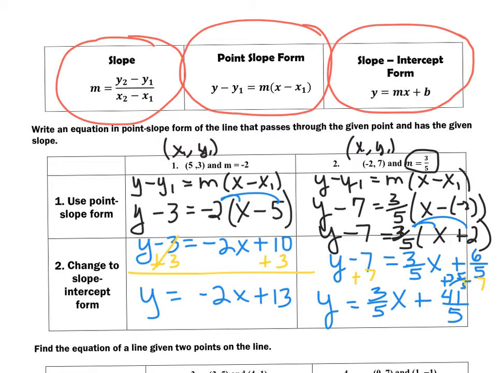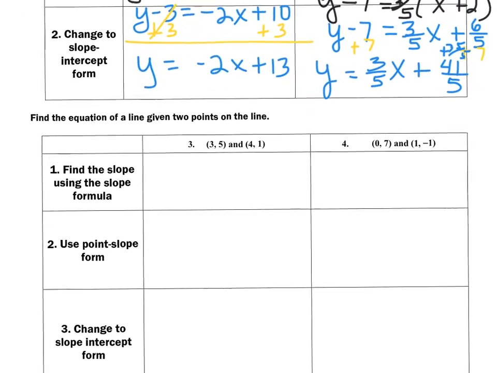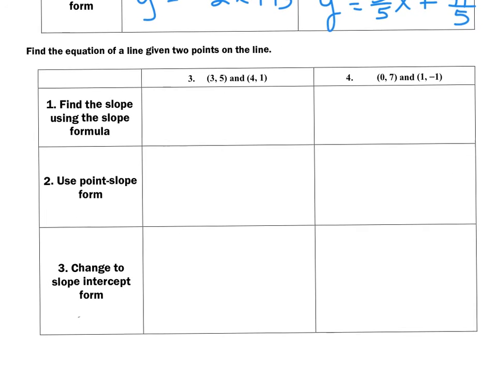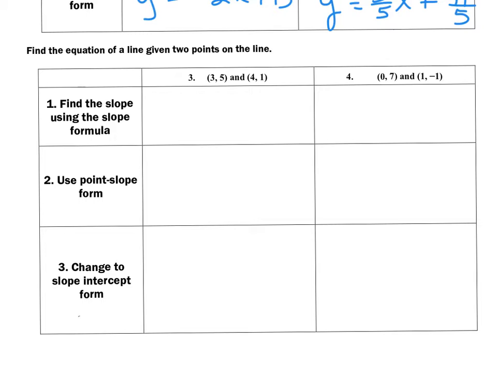All right, now let's find the equation of a line given 2 points on the line. Feel free to pause this video to copy these notes down. First thing we have to do is find the slope using the slope formula. Then we're going to use point-slope form, and then we'll change to slope-intercept form.